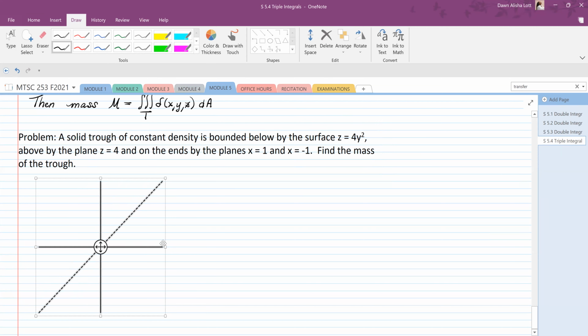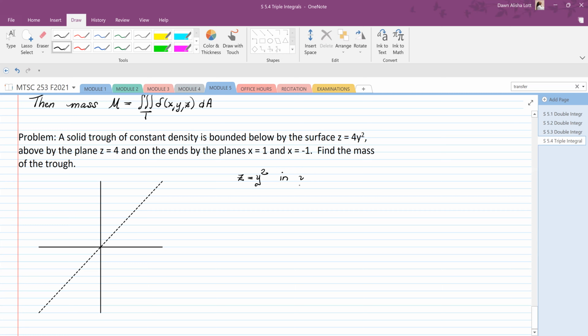Z is equal to y squared is a parabolic cylinder. In the YZ plane, I said YZ and wrote XY.